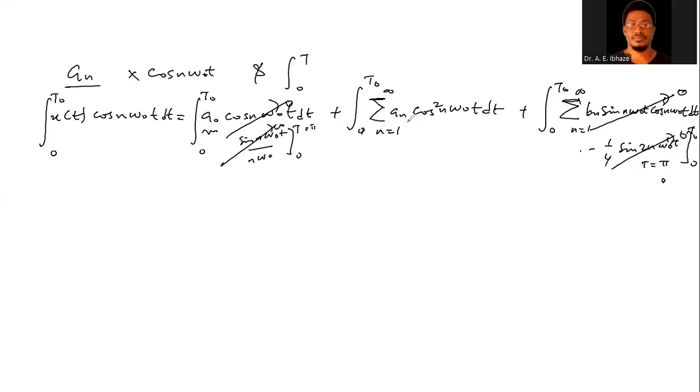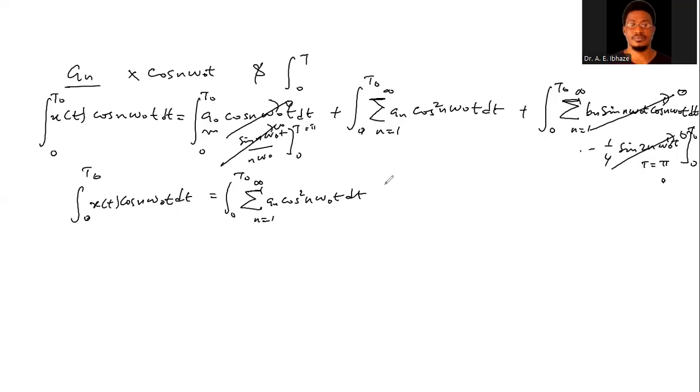So what we now have is that the integral 0 to T naught of s of t cos n omega naught t dt will be the same as the integral 0 to T naught sigma n equal to 1 to infinity a_n cos squared n omega naught t dt.